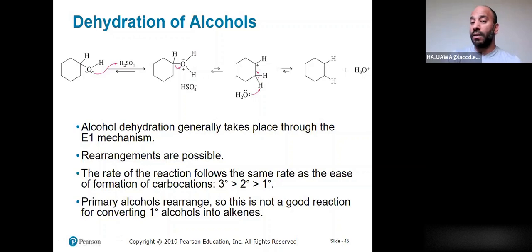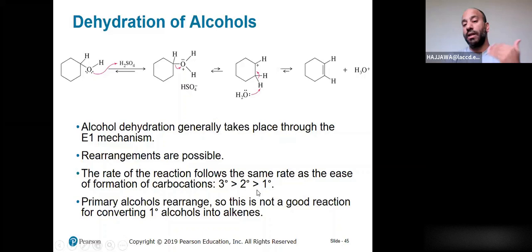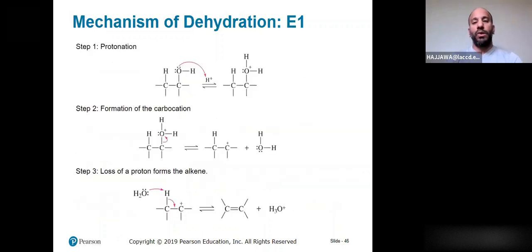So you're going to need heat to push the water to abstract a hydrogen from the adjacent carbon to give you eventually the alkene structure. And let me remind you, tertiary alcohol will be faster than a secondary, faster than a primary to give me the corresponding alkene. You can see here the E1 mechanism.